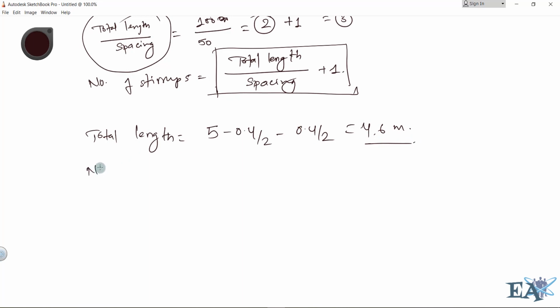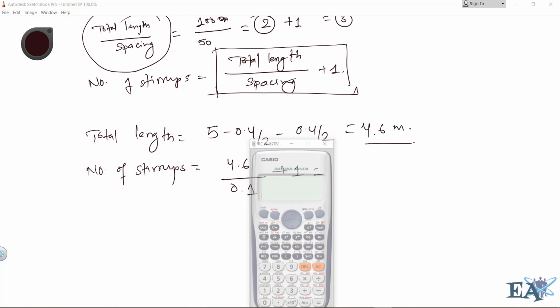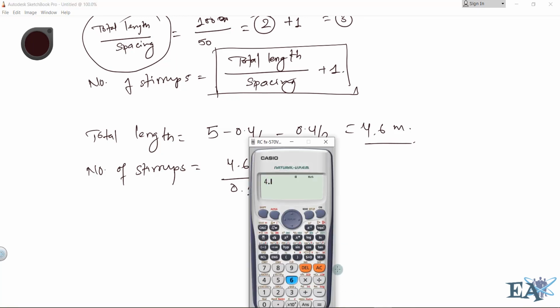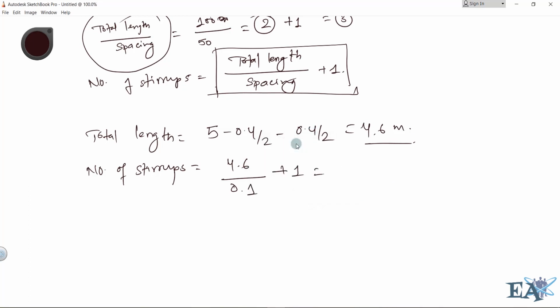Now number of stirrups is equal to 4.6 divided by spacing, which is 100 mm, that is 0.1 meter, plus 1. So 4.6 divided by 0.1 plus 1 is equal to 47. The number of stirrups is 47.